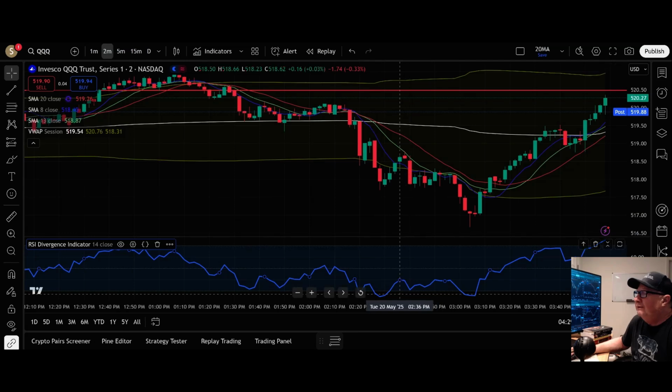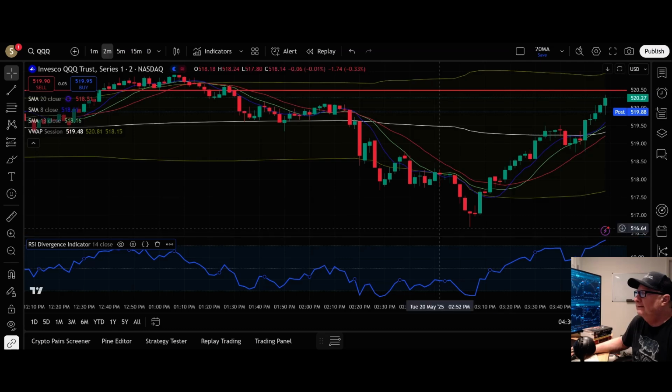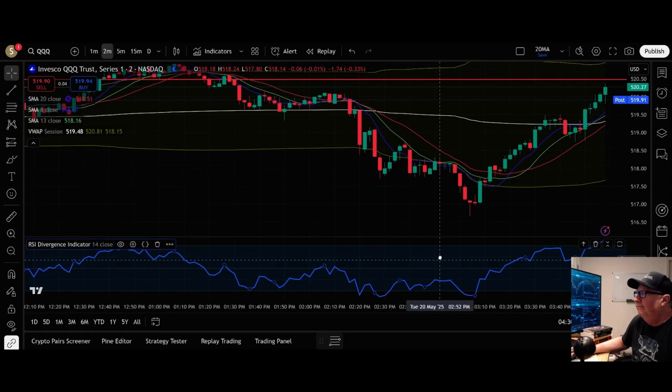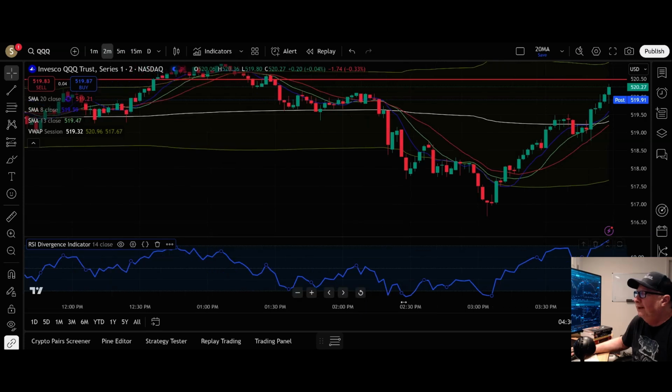The first divergence, which wasn't an extreme divergence, but it took place basically here. And what was happening was you had a low put in by the market, a bounce, and then a new low here.